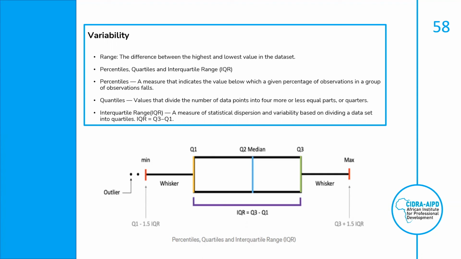Quartiles, values that divide the number of data points into four more or less equal parts, or quarters. Interquartile range, IQR, a measure of statistical dispersion and variability based on dividing a data set into quartiles. IQR equals Q3 minus Q1.